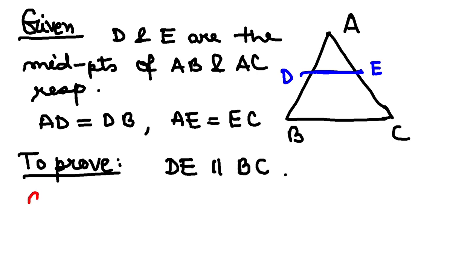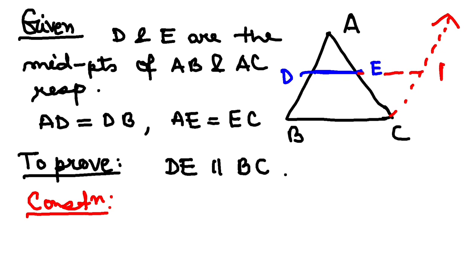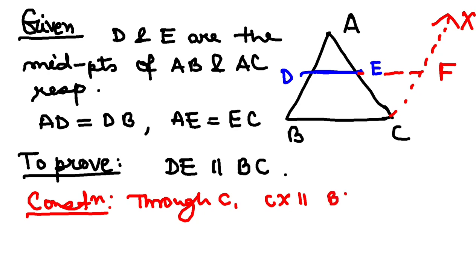To do this, you have to do a small construction. Construction is, through C you have to draw a line parallel to BA like this, and then you have to extend DE so that it meets this line at F. Okay, so through C, CX parallel to BA is drawn.